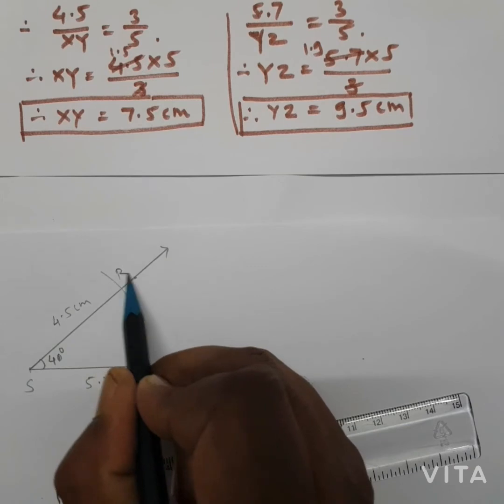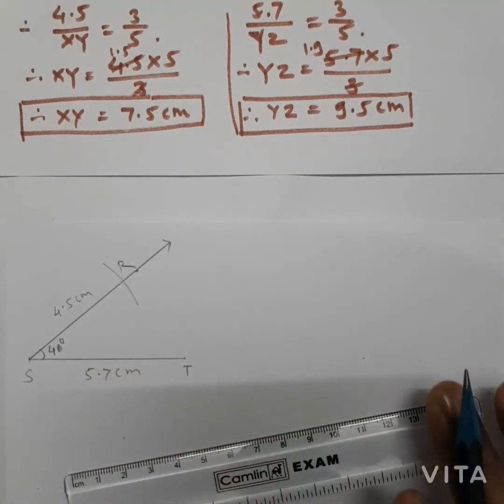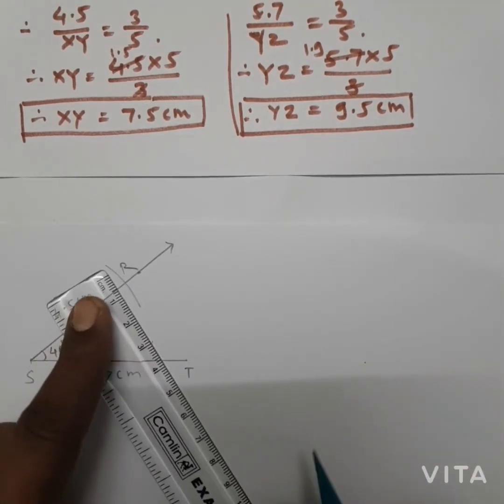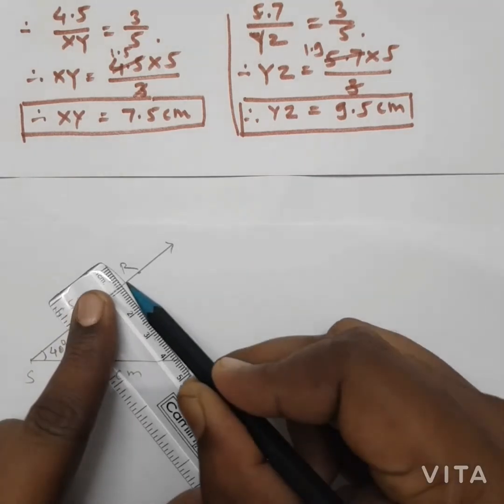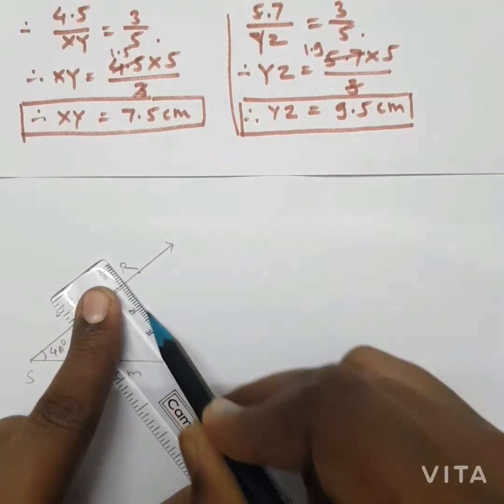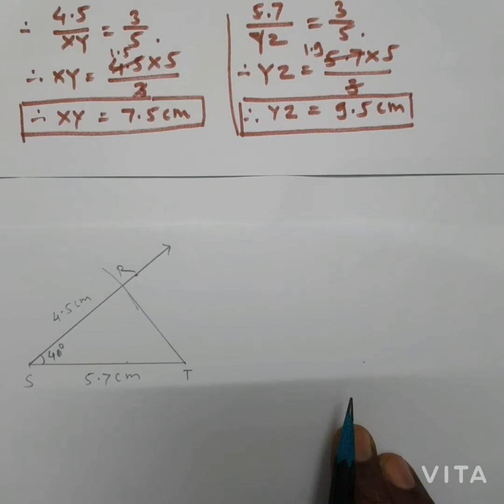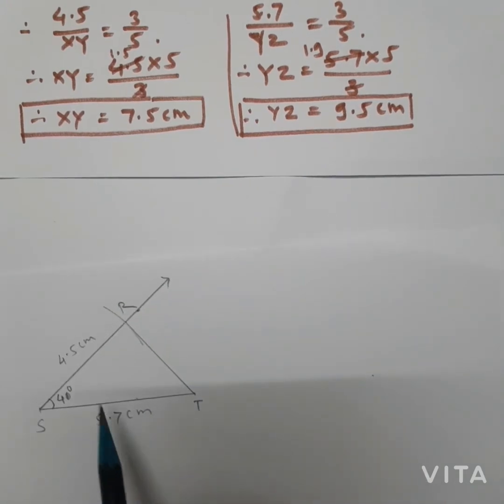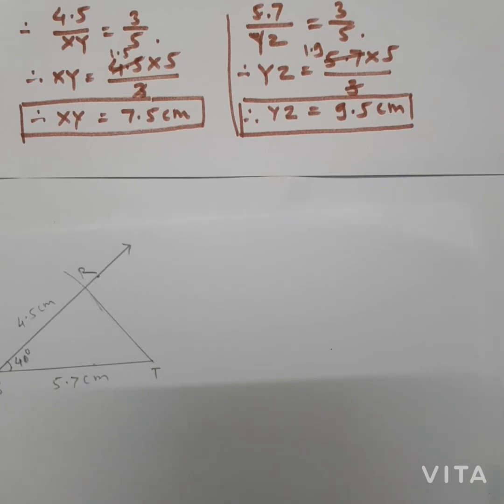It is point R. If we join point R with point T, then it is our triangle RST, with two sides RS and ST, and the angle between them is 40 degree.